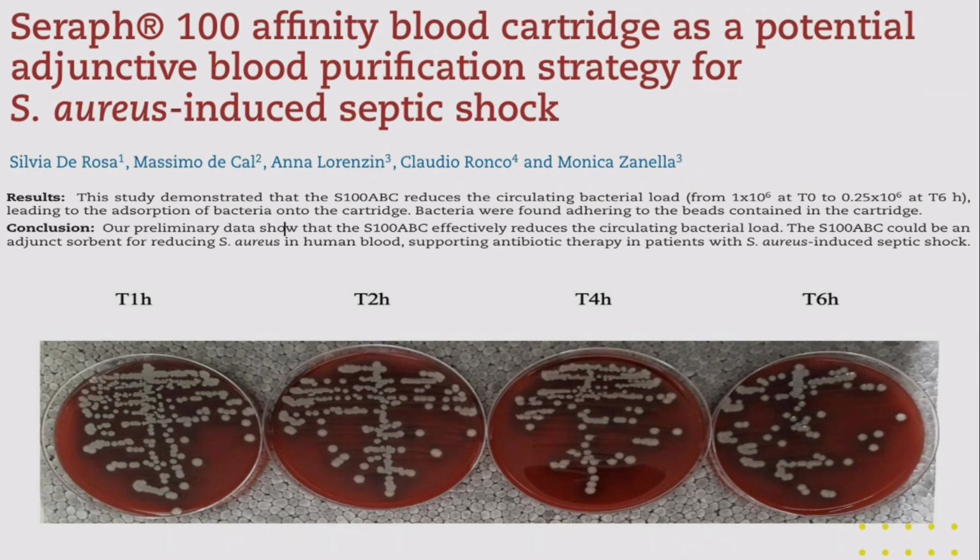The patient is exposed to Seraph and blood is drawn at 1 hour, 2 hour, 4 hour and 6 hour. You can see visually the colony counts. So now we are not only removing the molecules, we are removing the viable bacteria in a condition like bacteremias. This is how it is working, and it has evolved to this now.